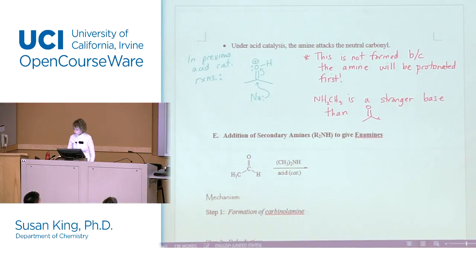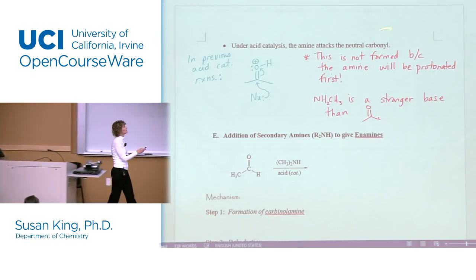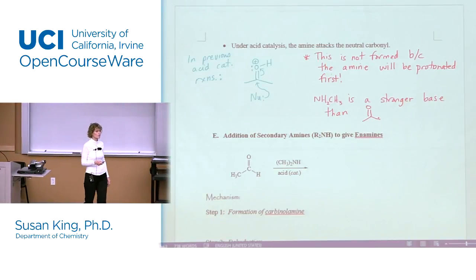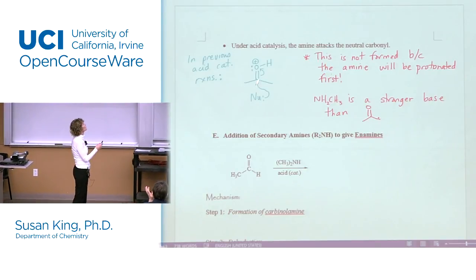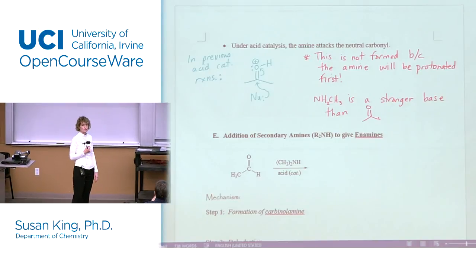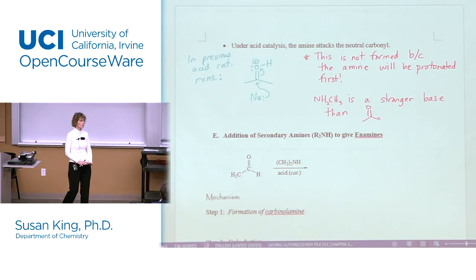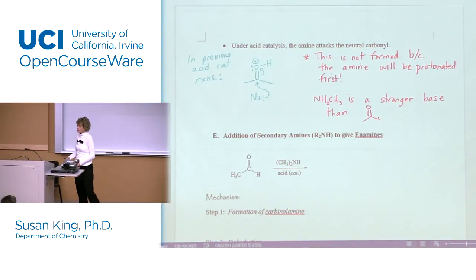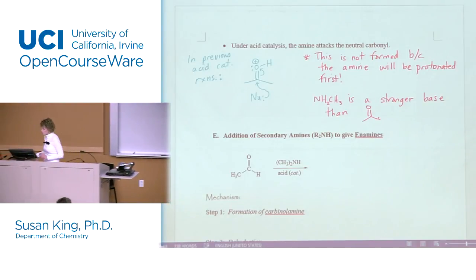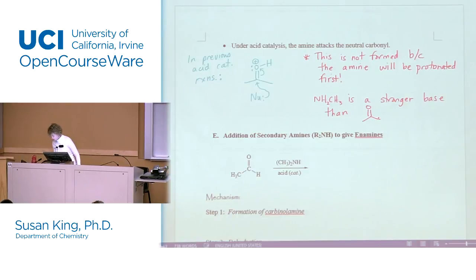All right, and if we were to make this protonated carbonyl and the amine came nearby, what would the amine do first? Would it attack the carbonyl or would it deprotonate the oxygen? It would deprotonate the oxygen. So this is the one reaction, imine formation, where we don't protonate the carbonyl first.